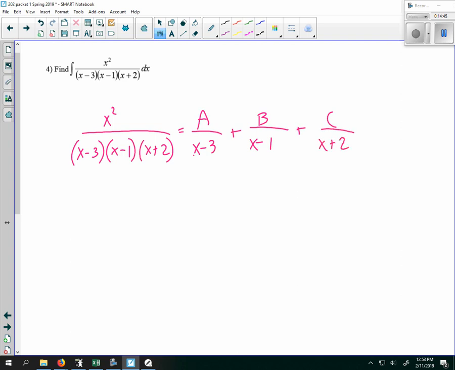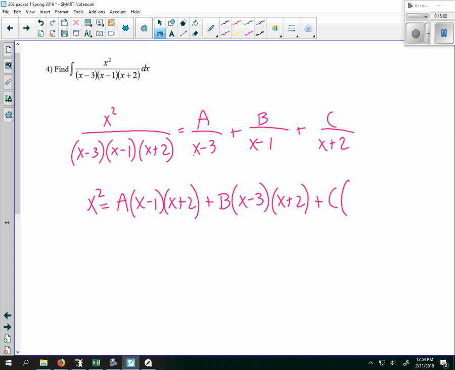Multiply both sides by the common denominator, and I get x squared equals a times x minus 1 times x plus 2 plus b times x minus 3 times x plus 2 plus c times x minus 3 times x minus 1.